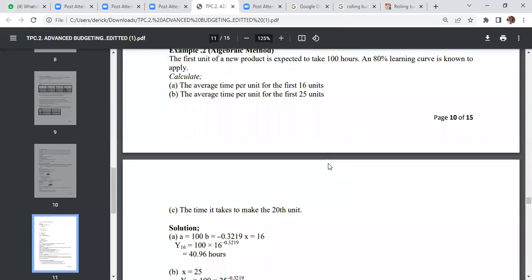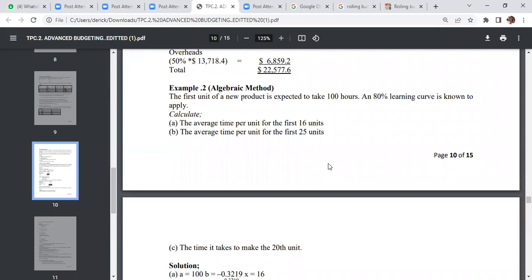A common question example: the first unit of a product is expected to take 100 hours, and an 80% learning curve is known to apply. Find the average time per unit for the first 16 units.